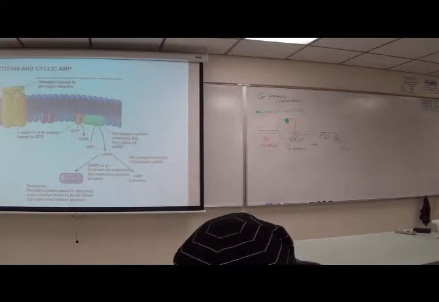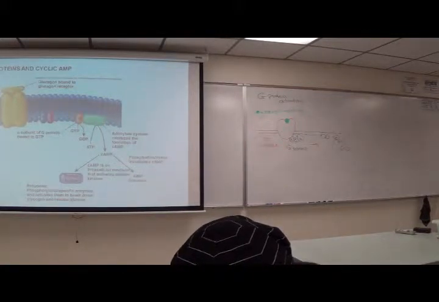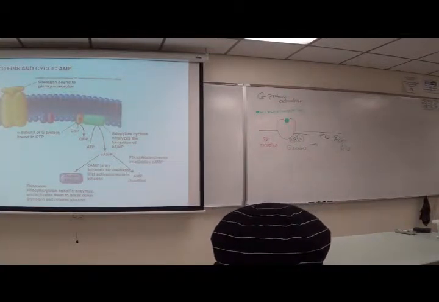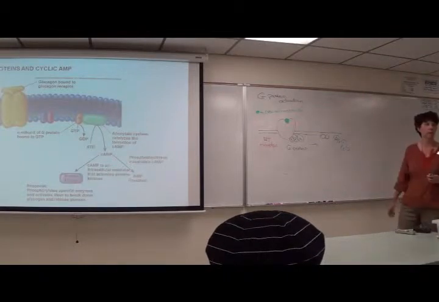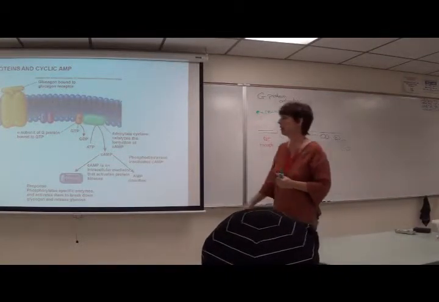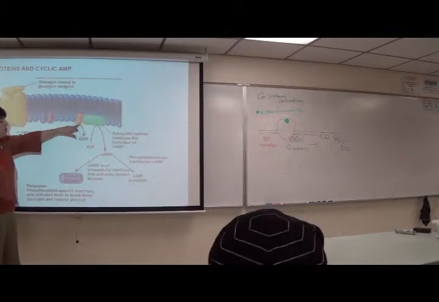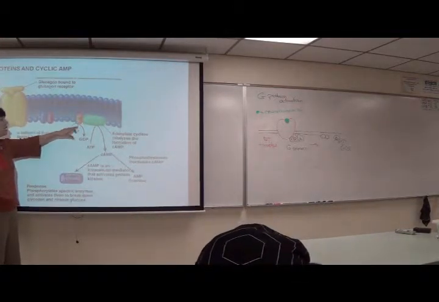Yes? Is the guanine bound to like all of the? The guanine is the GTP. No, what I'm saying is the GDP rather, is that bound to the alpha, the beta, and the? Yeah. So what this was GDP.